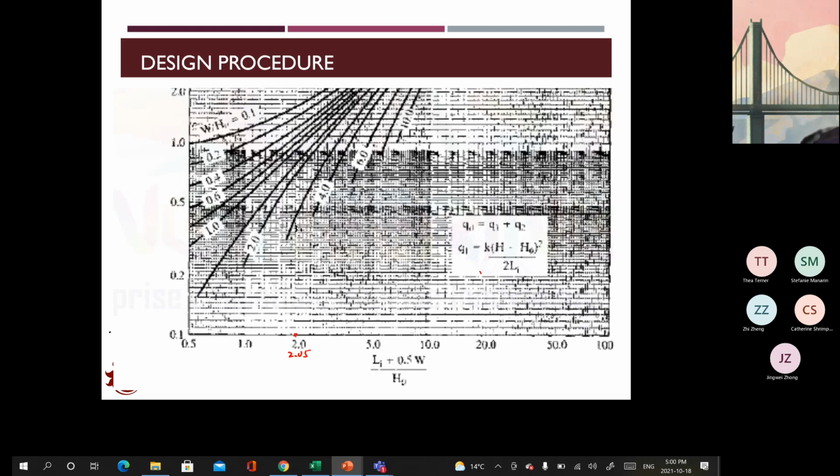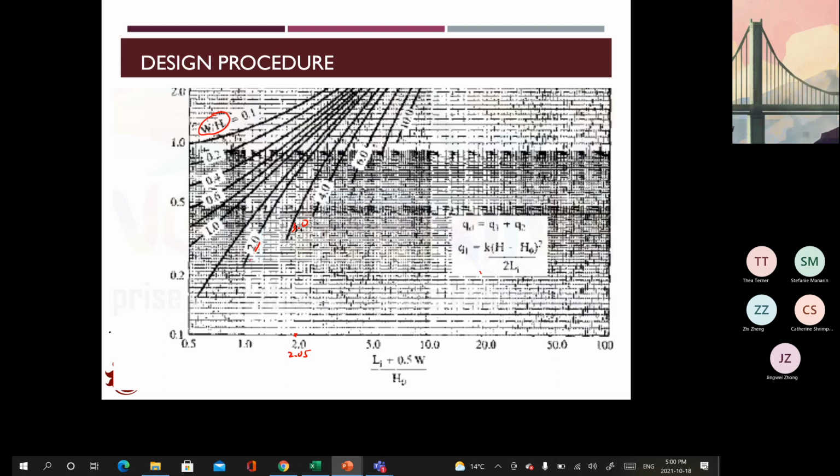And the line is determined by the value of W divided by H0, and what we calculated is 2.2. We do not have any specific line in this graph to show the value of 2.2, but you can draw a similar line by yourself between 2.0 and 4.0. This is a line for 2.0, this is 3.0.